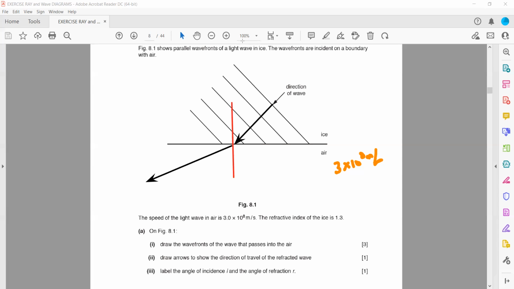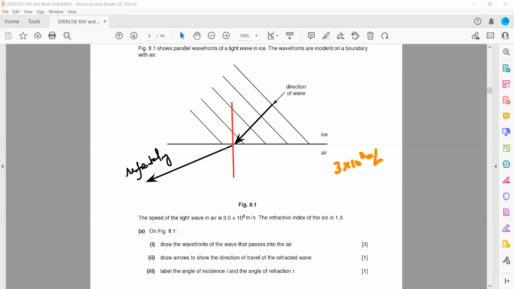And then we have to draw the wavefronts. So how to complete a wavefront? The wavefronts are always perpendicular to the wave. So this is the direction of the wave, the direction in which the wave was traveling. Always perpendicular, because this is the direction in which the wave is refracted. This is a refracted ray.